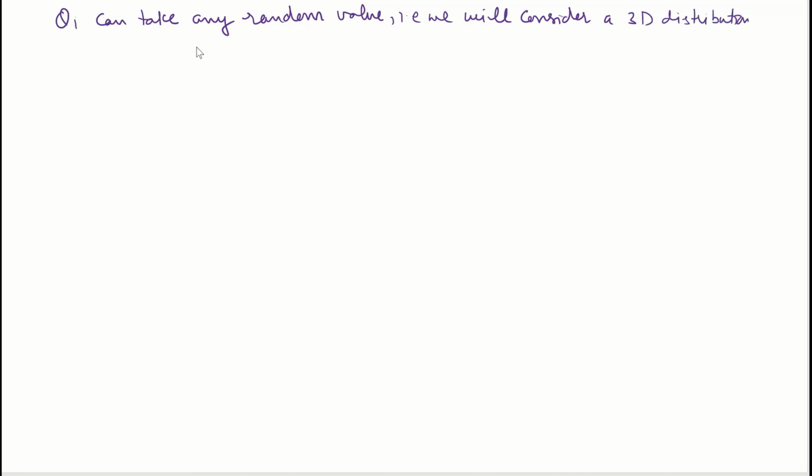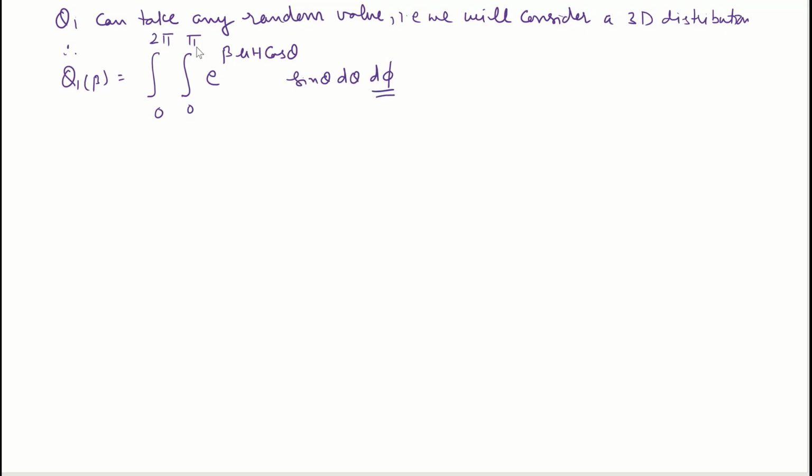So we will consider an elemental solid angle, and then we will try to integrate over the entire 3D picture. Therefore q1 beta is equal to the integral from 0 to 2 pi and then 0 to pi of exponential beta mu h cos theta, and then sin theta d theta and then d phi.